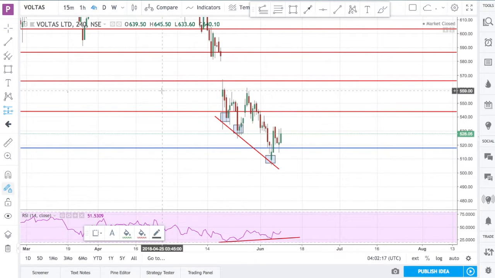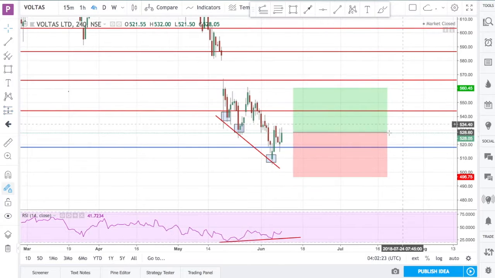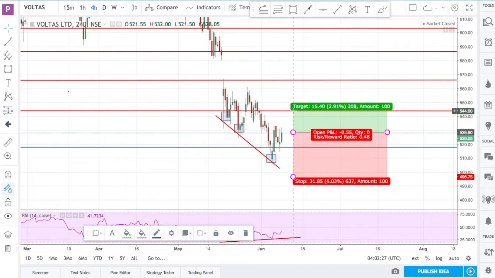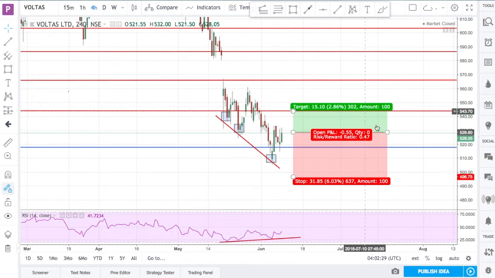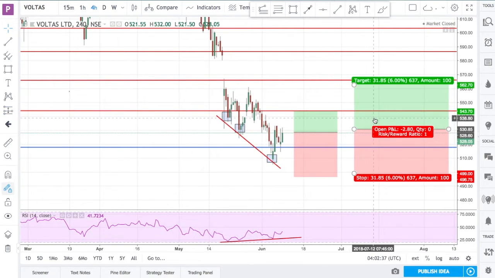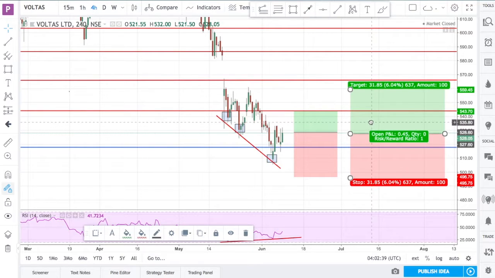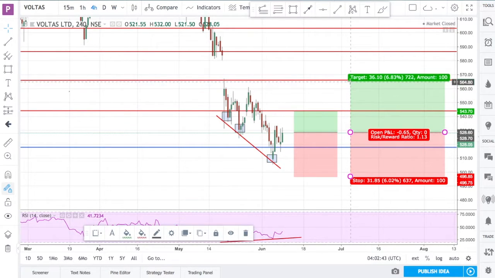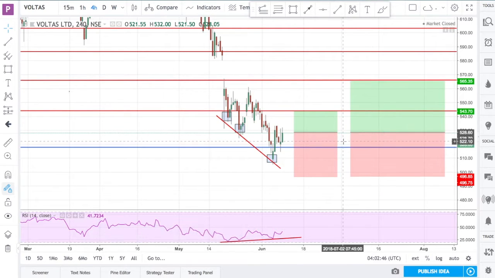For that purpose, let's pick our target placement tool, and assuming the market opens somewhere here in the next trading session, this would be our first target, and this would be our second target.